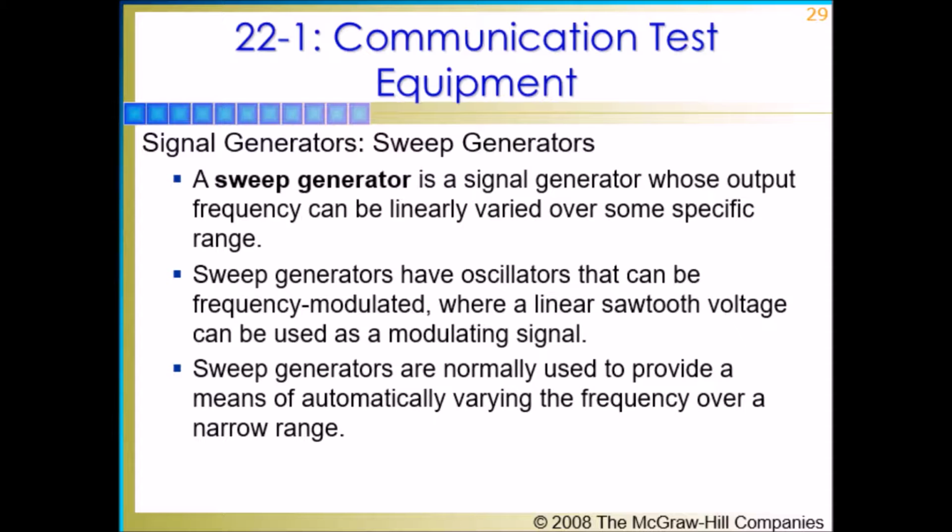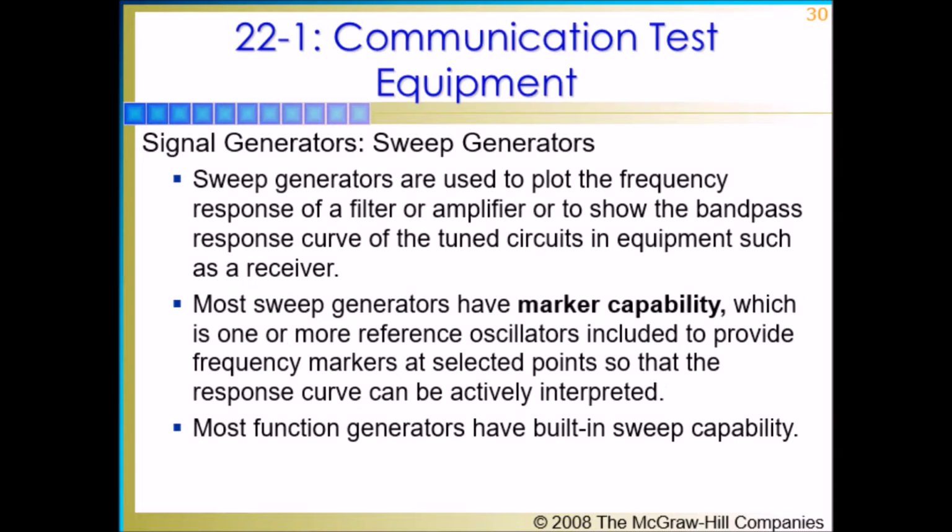The resulting output waveform is a constant amplitude sine wave whose frequency increases from some lower limit to some upper limit. Sweep generators are normally used to provide a means of automatically varying the frequency over a narrow range to plot the frequency response of a filter or amplifier, or to show the bandpass response curve of the tuned circuits in equipment such as a receiver.